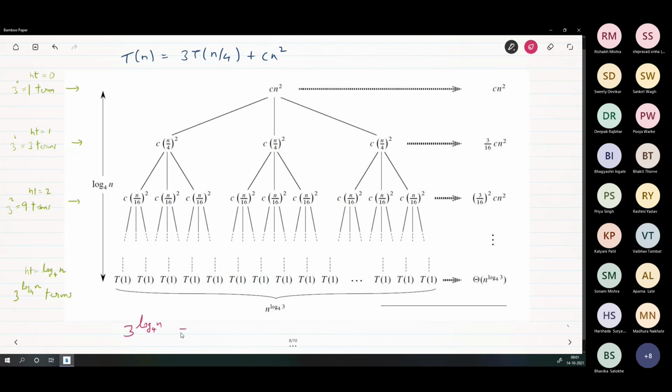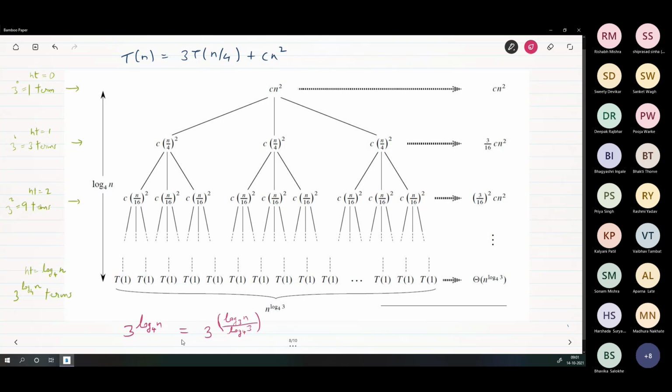Now if you realize, I can change base for a moment and write this down as the following. This is equal to 3 raised to log n to the base 3 divided by log 3 to the base 4.